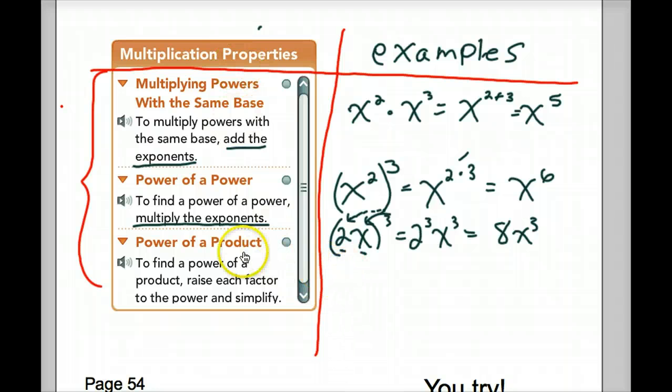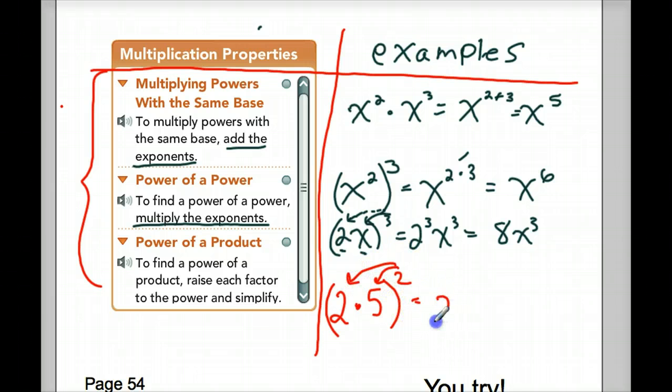So now power of a product. It says to find a power of a product, raise each factor to the power and simplify. So that's kind of what we did here, but what they're mainly going to be pointing out to you in this book is when you have things like 2 times 5, and then you want to square that whole thing. Now, you might think, oh, I'm just going to multiply and then square it. 10 squared, that'd be 100. But what they want you to do is, like we did up top, distribute this to each of them.